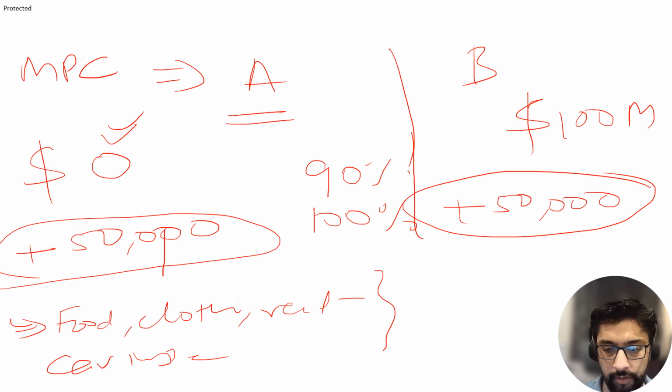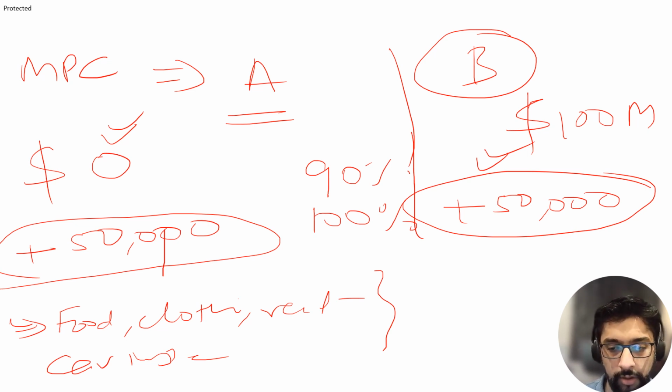On the other hand, if B has an additional $50,000 over the $100 million, this will not affect his consumption of real goods and services. Even before he got this 50,000, he had his food on the table, he had clothes, and he had the cars and the house, and everything was sorted. So this 50,000 doesn't really make any impact on his lifestyle or his consumption patterns.